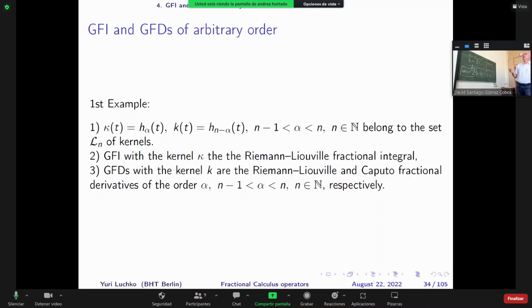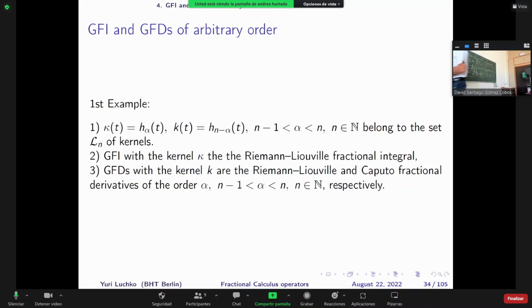Alpha is between n minus 1 and n, and n is a natural number. Then the kernel k is the kernel h n minus alpha. N minus alpha is between 0 and 1, so it's a singular kernel. And then we get just the standard Riemann-Liouville fractional integral and Riemann-Liouville fractional derivatives.